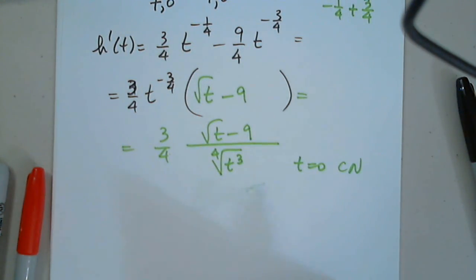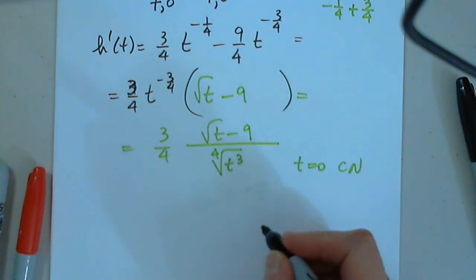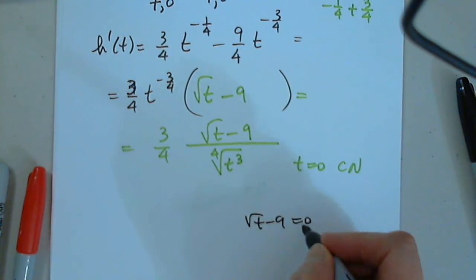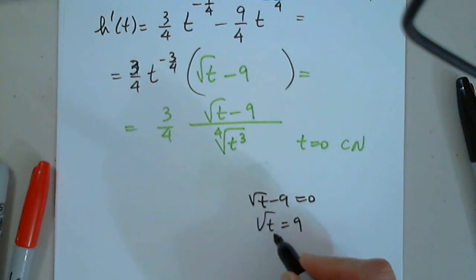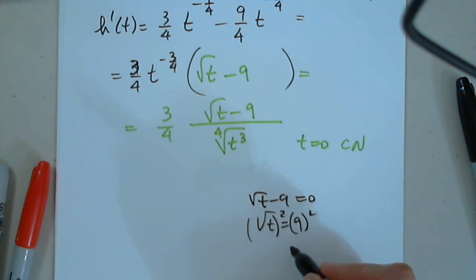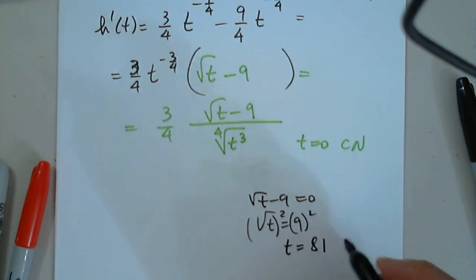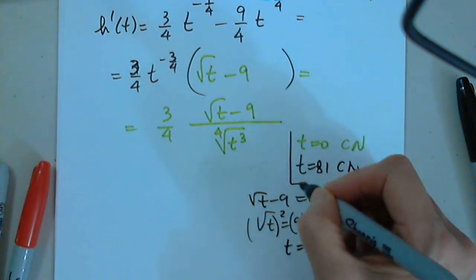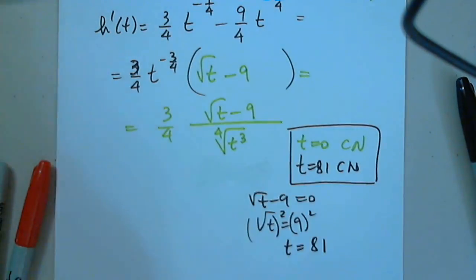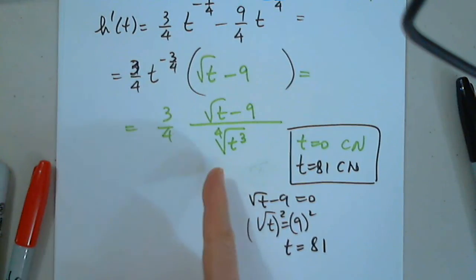Sometimes I miss. Anyway, and then the square root of t minus 9 equals 0, and the square root of t equals 9, so then we have to square both sides, so then t equals 81. So t equals 81 is the other critical number. So one coming from h prime being undefined.